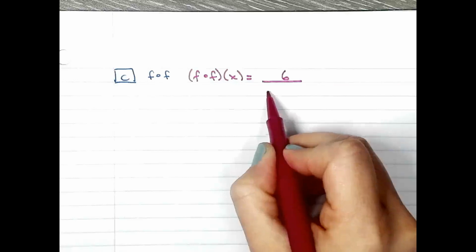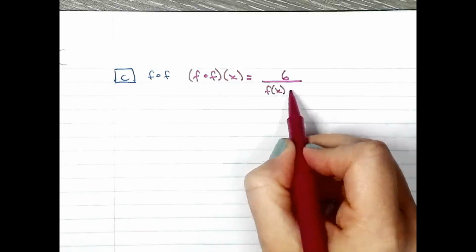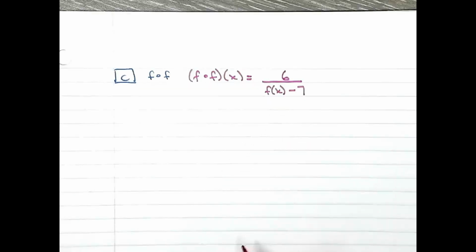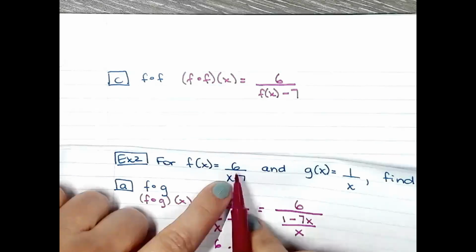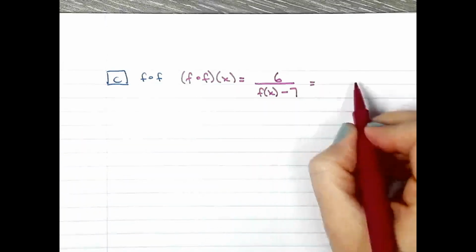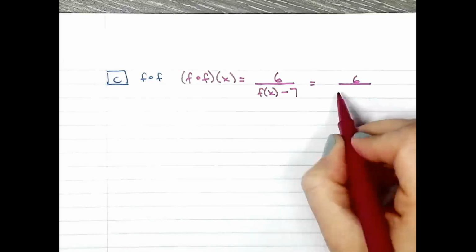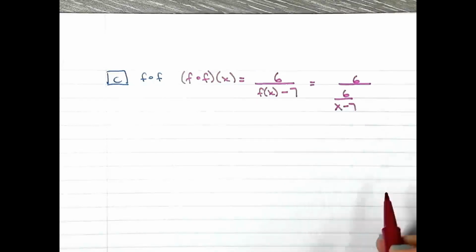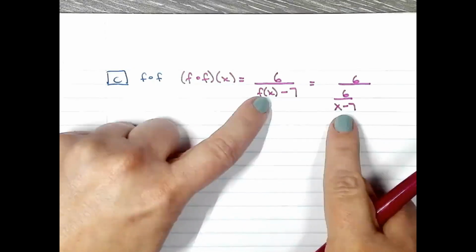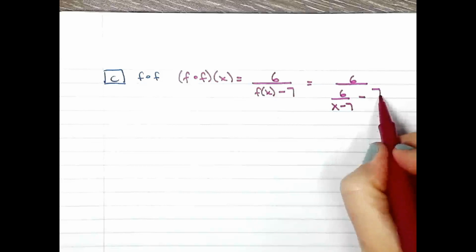So on the x, I will substitute f of x minus 7. Okay, I have my function right here. So f of x is 6 over x minus 7. I substituted that, and then minus 7.